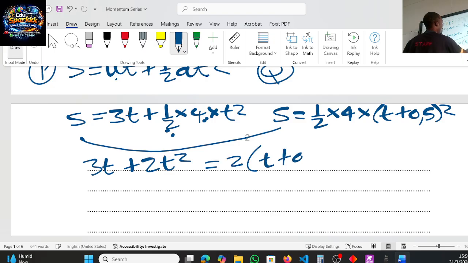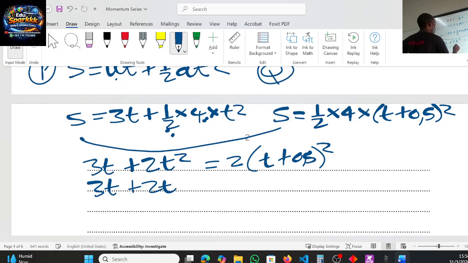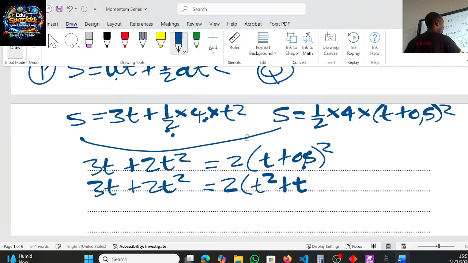Inside I'll have t plus 0.5 squared. And when I do my expansion there, it's going to be 3t plus 2t squared equal to 2 into t squared, and when I combine this, I get t, and there I'll get plus 0.25 when I square 0.5.